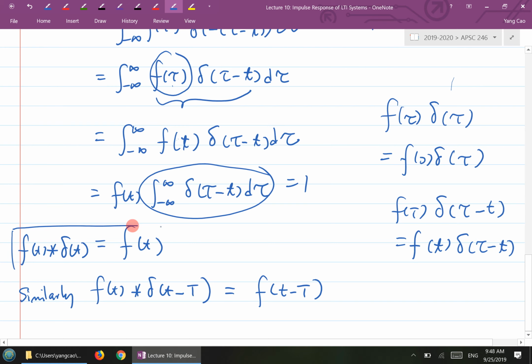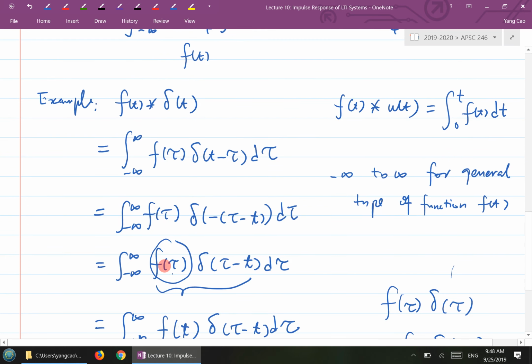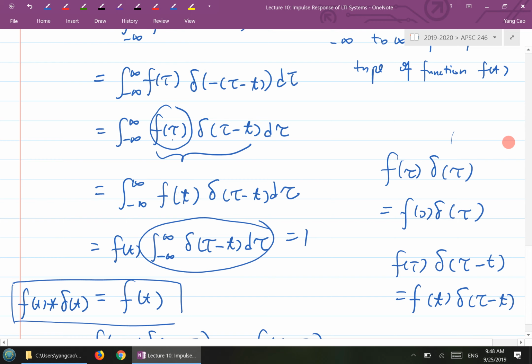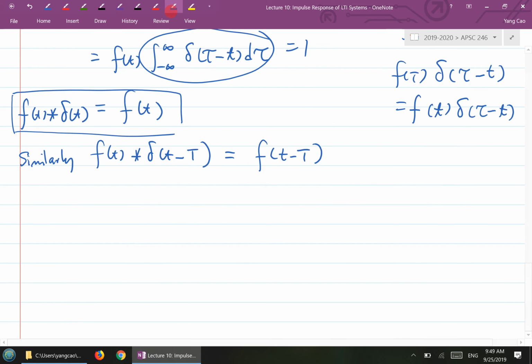You don't have to memorize the procedures. These are the two special convolutions between a generic function f and the special functions, the unit step function and the impulse function. So that's it for the impulse function.